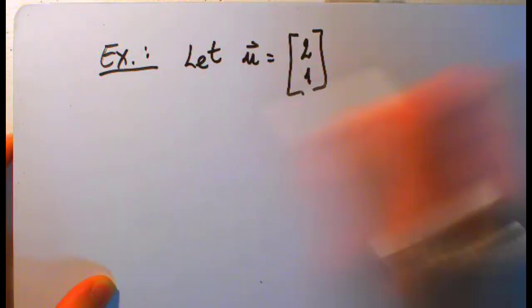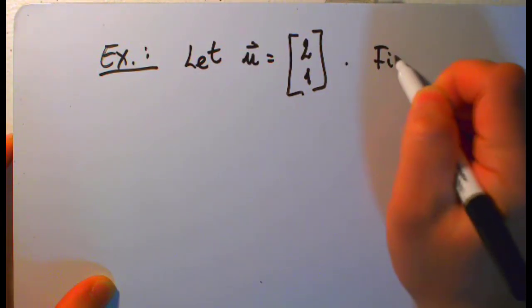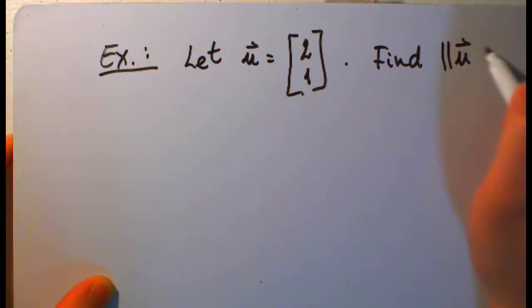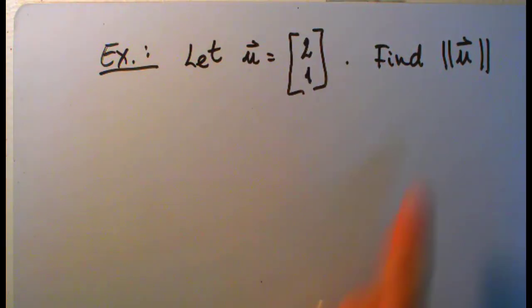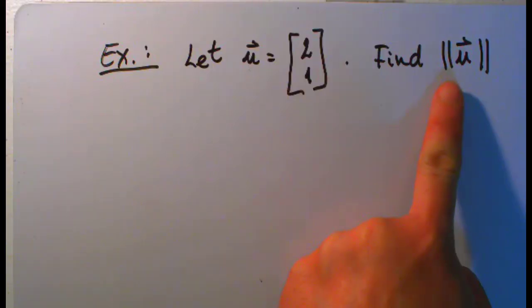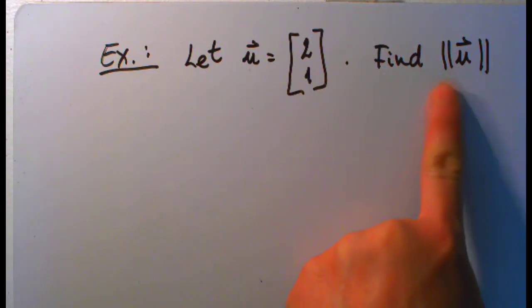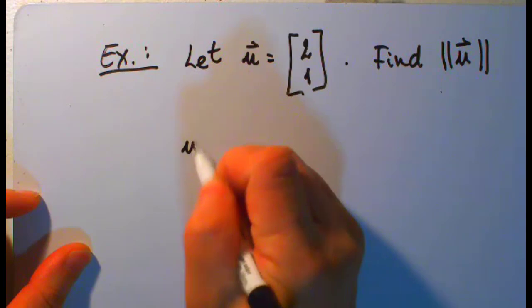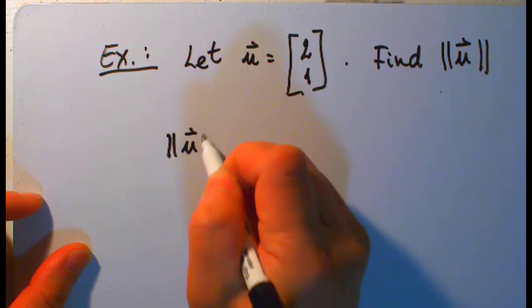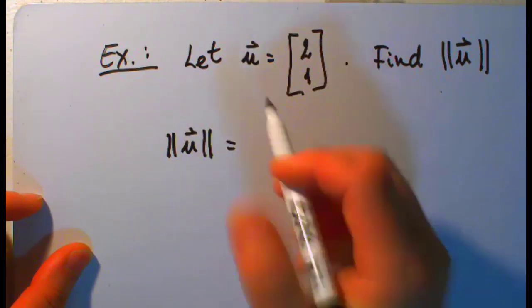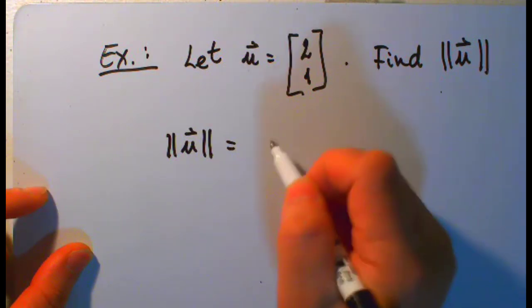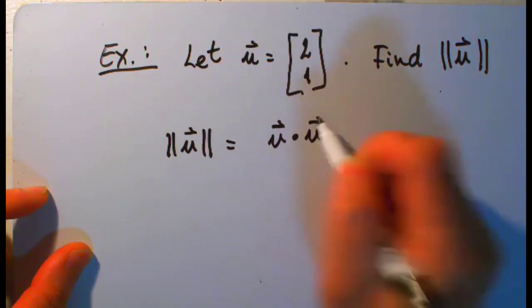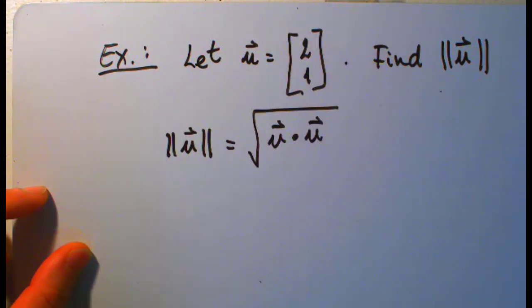Let's find the length of u. The notation here indicates that we want the length of the vector u. By definition, we dot u by itself, and we take the square root.